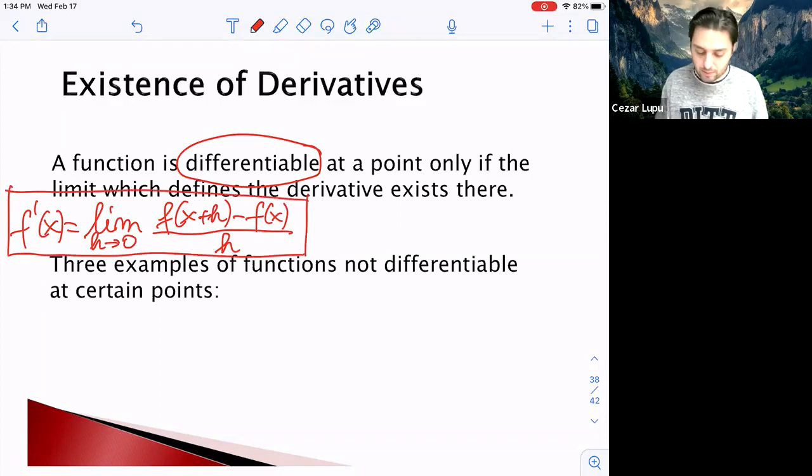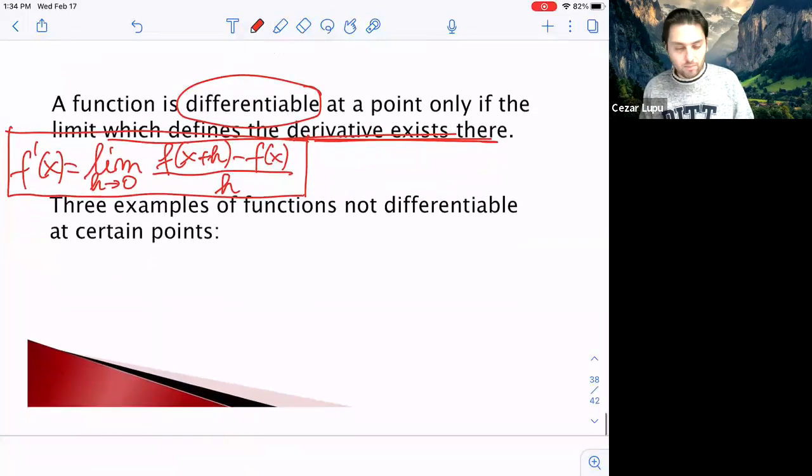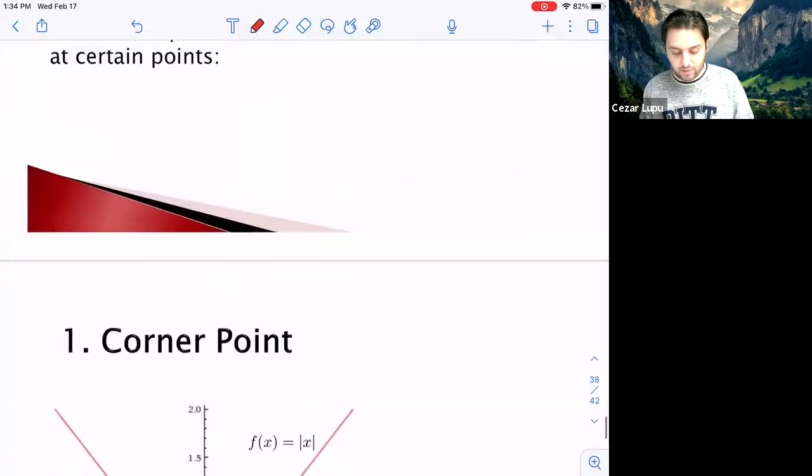Keep this in mind. But not all functions are differentiable. There are examples of functions which are not differentiable at certain points, and we'll give a couple of examples. So let's see 3 examples.